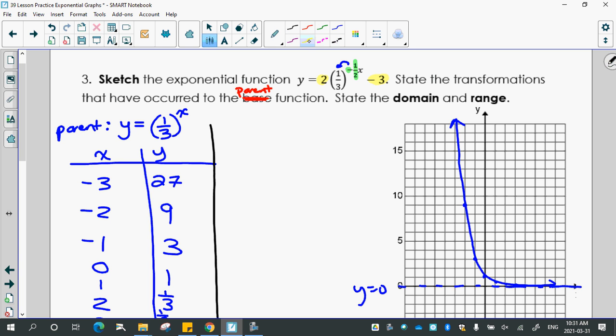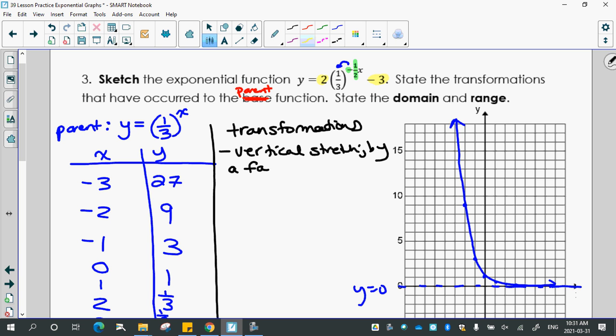All right, so now we want to write out what they are. So what is the first 2 we come to? It's yellow, so it's vertical. Vertical is what it looks like, so it should be a vertical stretch by a factor of 2.